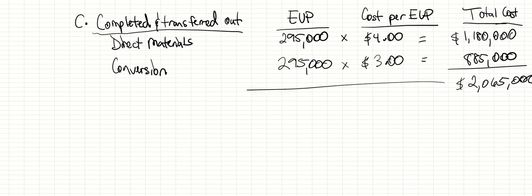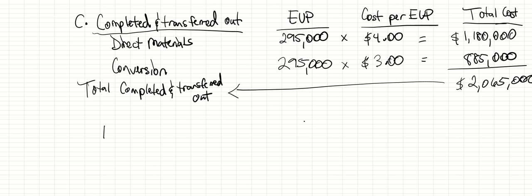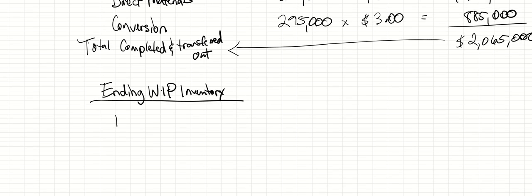All right, so this is going to be the total completed and transferred out. Next we're going to figure out how to assign costs to the ending WIP inventory in respect to direct materials and conversion. It's the same setup: direct materials and then conversion.